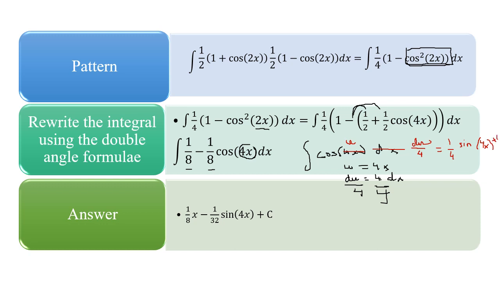And because we had a 1/8 in front, that's why it becomes 1 over 32. So this is how you approach finding the integral of the product of trig functions that are raised to only even powers.